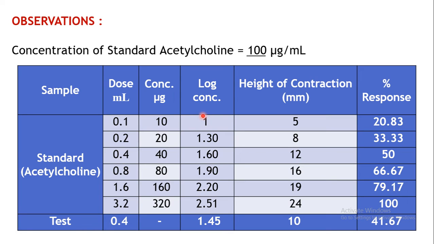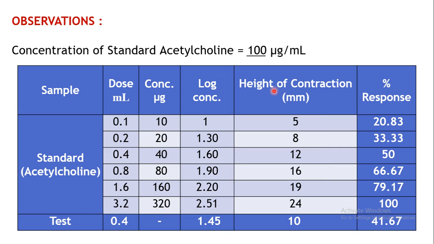Also, you can see that the values are reduced. The value was up to 320, so plotting this on a graph becomes very difficult. Whereas when you convert it to a smaller value, the plotting on the graph paper also becomes easier. That is the reason why log concentration is usually calculated and plotted on the x-axis.